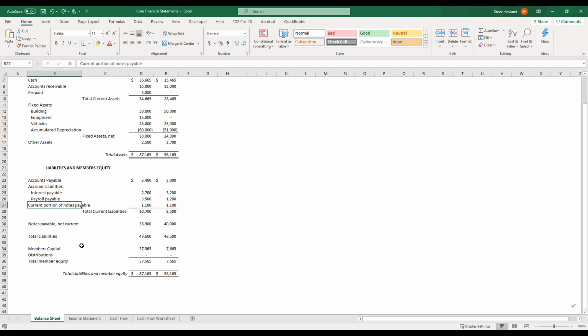Now, a unique item within the balance sheet is this concept of current portion of notes payable. So if you have a note or a mortgage payable, you're probably going to have some portion that you have to pay within 1 year.